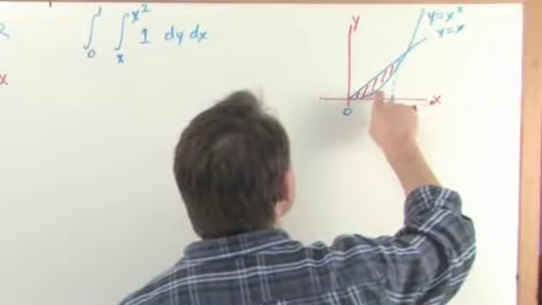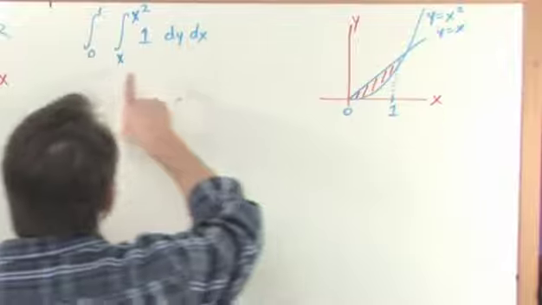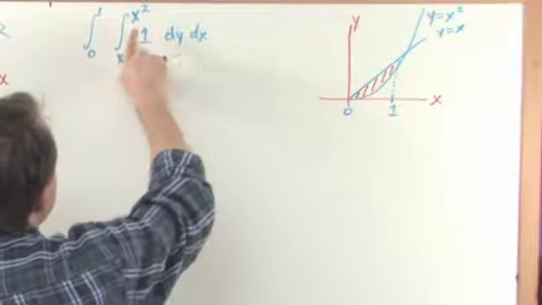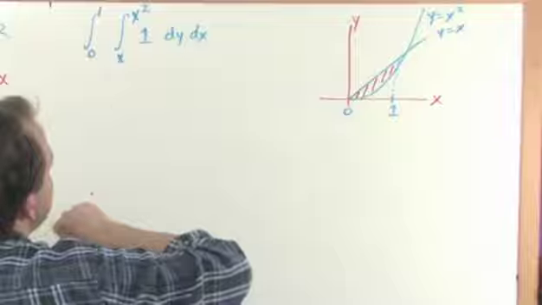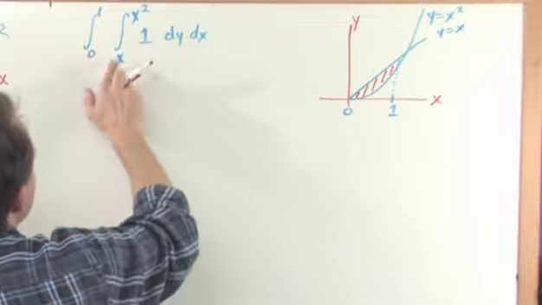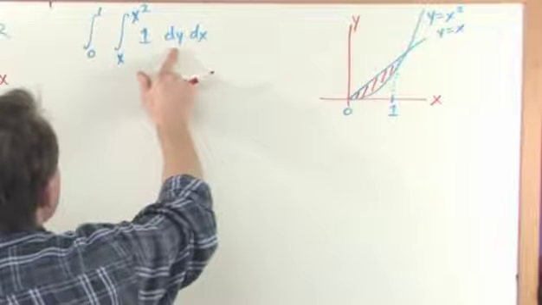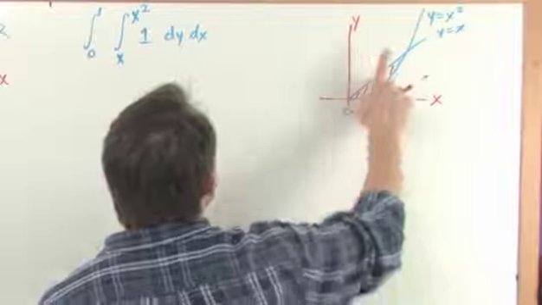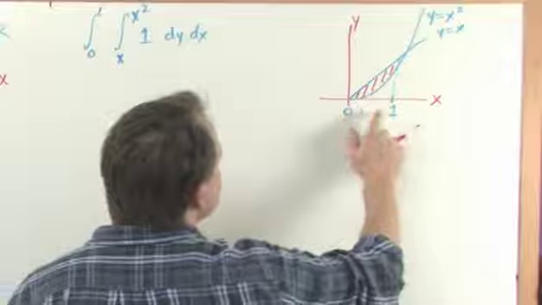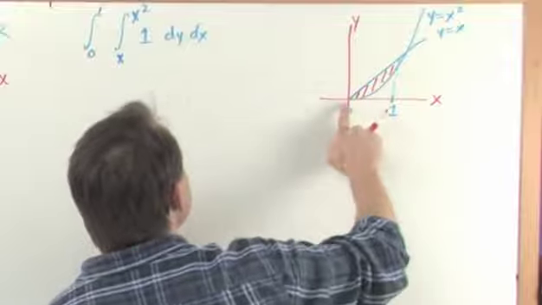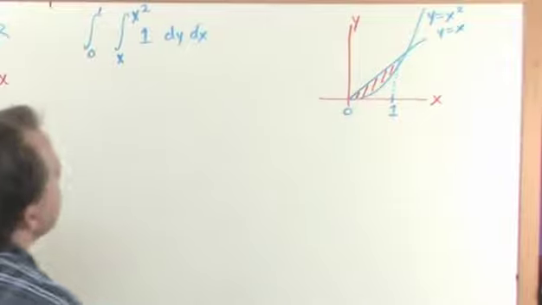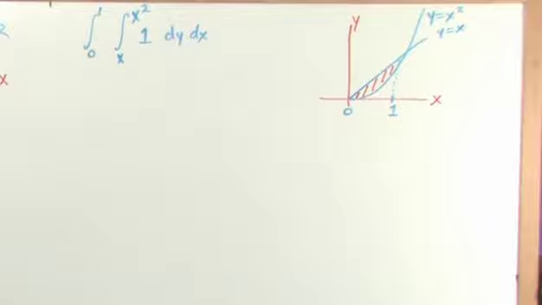You're integrating between this curve and this line, so between a line here and a curve here, okay? And then these are functions because y is equal to x and y is equal to x squared. You're integrating along y, this direction first, and then you integrate from 0 to 1, that direction. The combination of the two sweeps out an area. That is what you're integrating over.